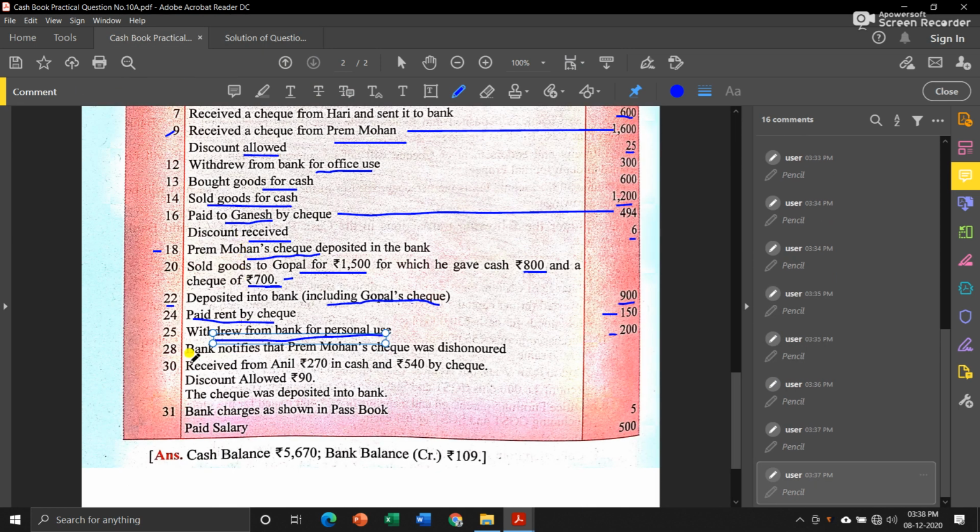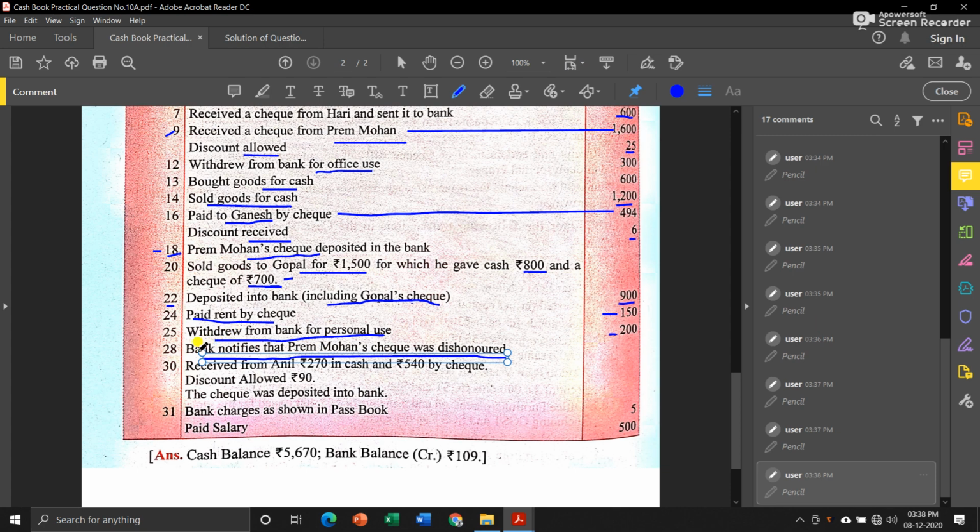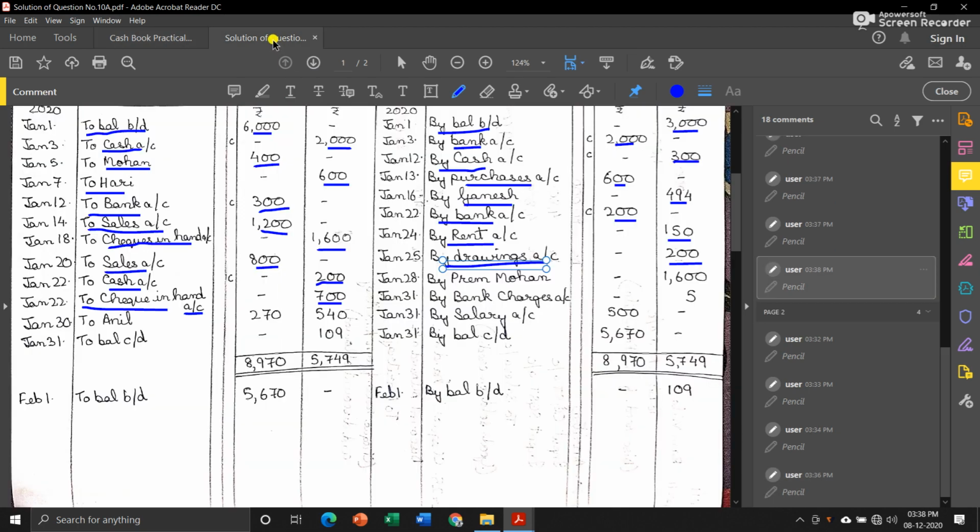Then next on day 28, bank notifies that Prem Mohan's check was dishonored. Earlier the check which we got from Prem Mohan, we deposited on 18, but on day 28 bank notified us that it was dishonored. So if you remember in one of our previous sessions we discussed that when the check gets dishonored, in that time what we will do is that we will record it in credit side by writing the name of the person from whom we got the check.